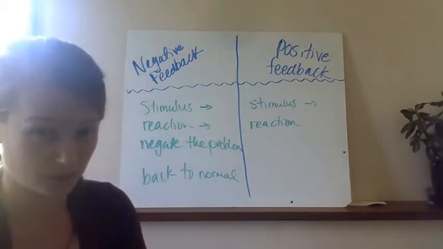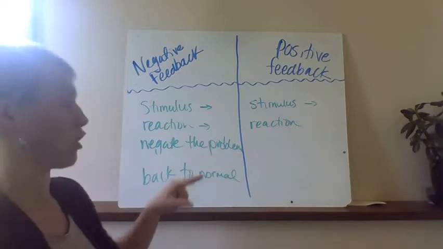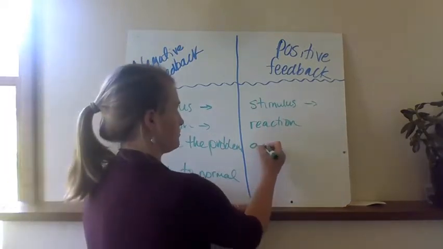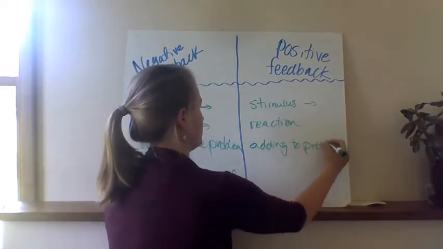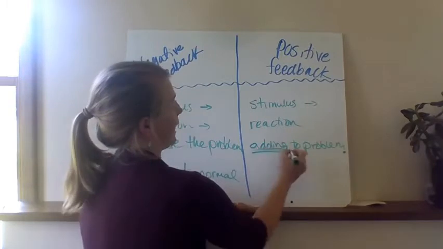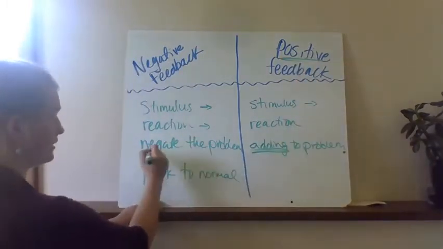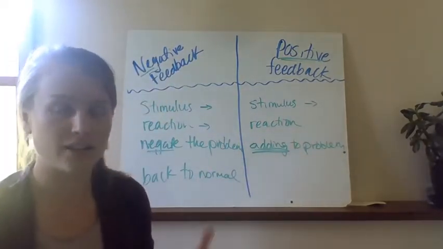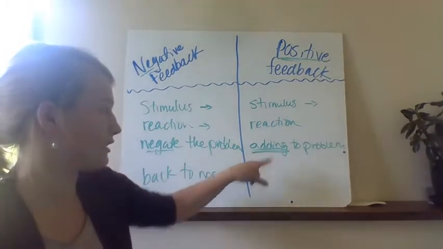And instead of negating the problem, you're kind of adding on to it. Adding to the problem: positive. Negating: negative. That's why they're not positive or negative things. It's just, are you negating it or are you adding to it?